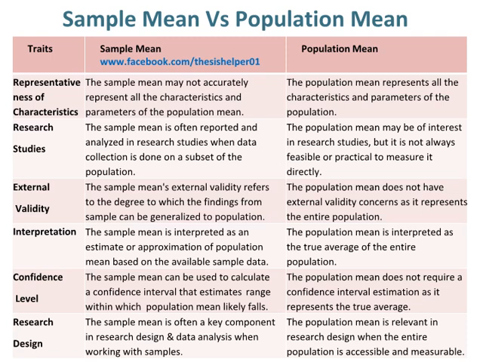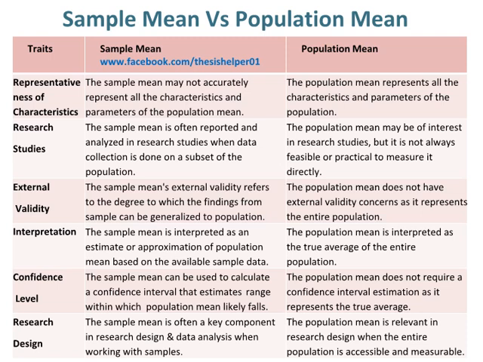The sample mean is interpreted as an estimate or approximation of the population mean based on the available sample data. Whereas, the population mean is interpreted as the true average of the entire population. The sample mean can be used to calculate a confidence interval that estimates the range within which the population mean likely falls.